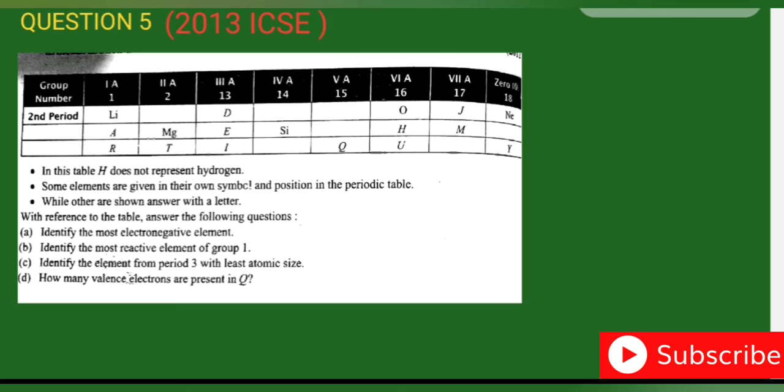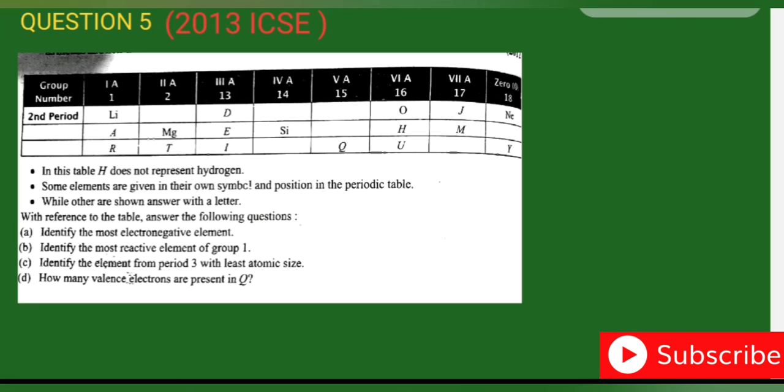Now let us discuss question number 5, which I have taken from 2013 ICSE. The question is that in the table, H does not represent hydrogen. Some elements are given with their symbol and position in the periodic table, while others are shown with a letter.